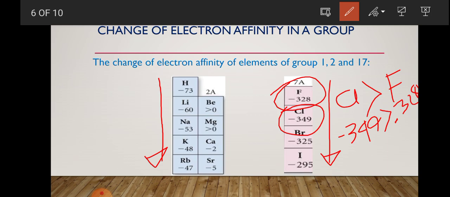And now I will explain this fact, why the electron affinity of chlorine is greater than fluorine.